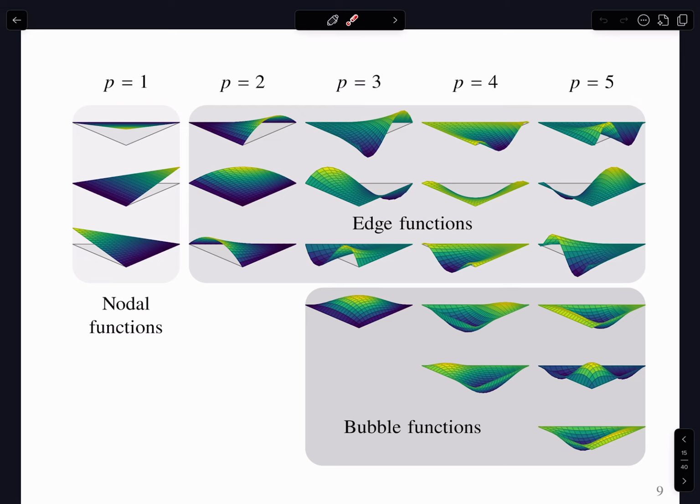Again, I separated those in nodal, edge, and bubble functions. What you can see is that for p = 1, we keep the same type of functions as the constant strain triangle. And then the bubble functions start to appear for p equals 3, as opposed to before, when we had p equals 4. And so, again, we have the same issue, not for the quadratic elements, but for the odd shape functions.